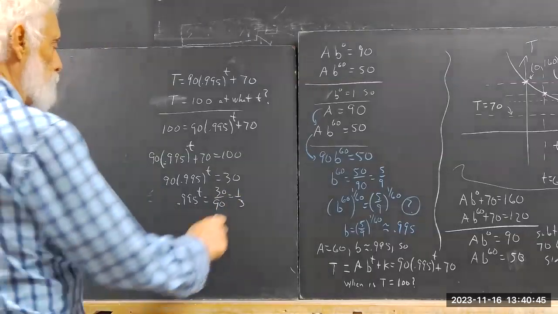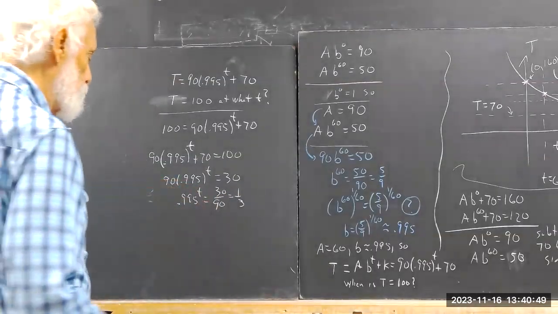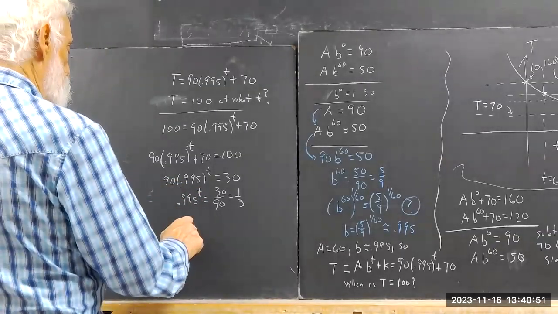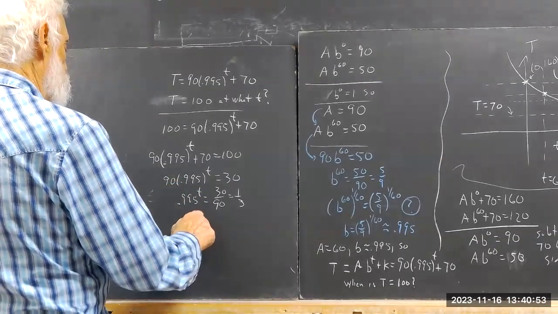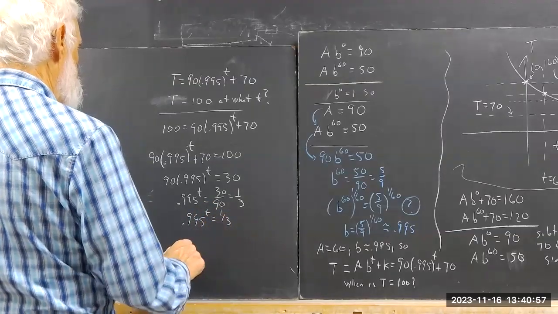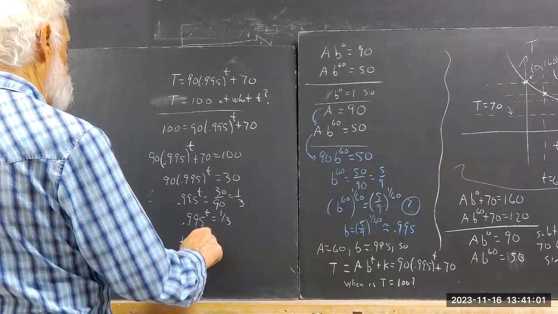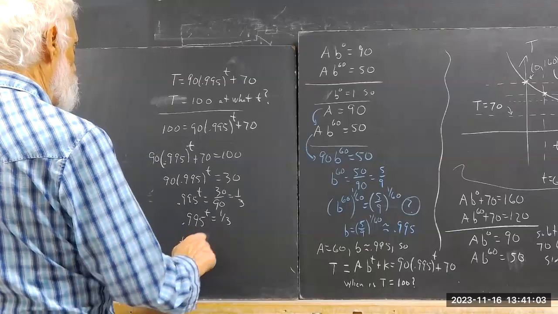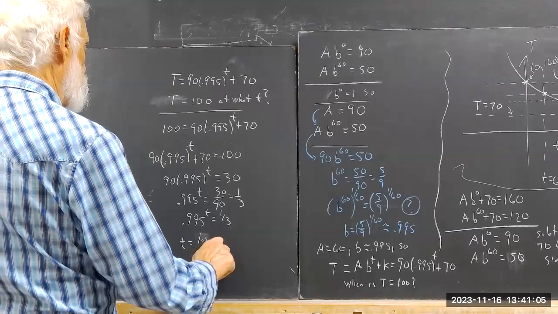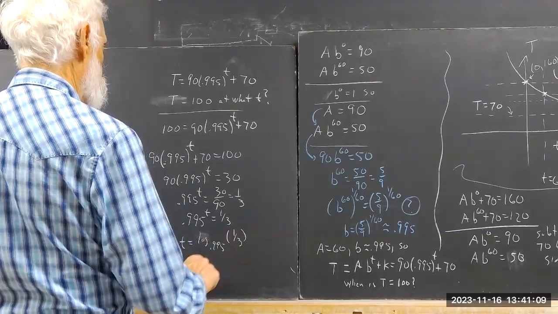We divide both sides by 90, we get 0.995 to the t equals 1/3. Better write that out just by itself. The t is log base 0.995 of 1/3.